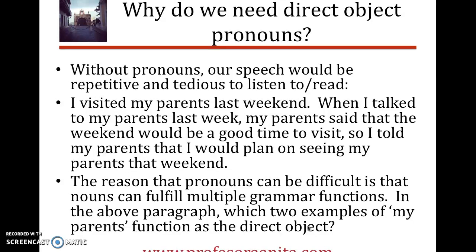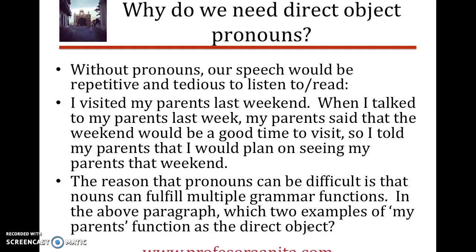So in this case, parents is actually indirect because I'm telling something to them, but in English we can drop prepositions. In Spanish we can't, so that's a little bit easier in terms of figuring out what the direct object is and what the indirect object is. So in English, it's tricky because you can drop prepositions. But what you're actually saying is I told this to my parents. I told them that I would plan on seeing them, and I told that to them, so my parents is indirect.